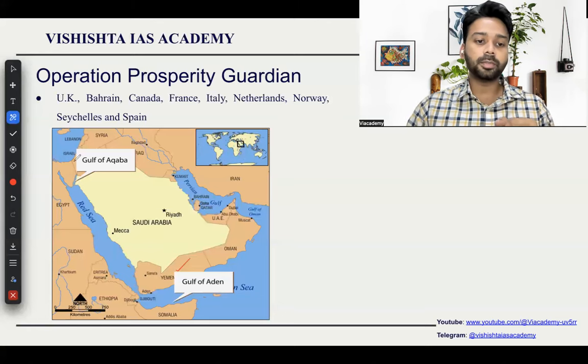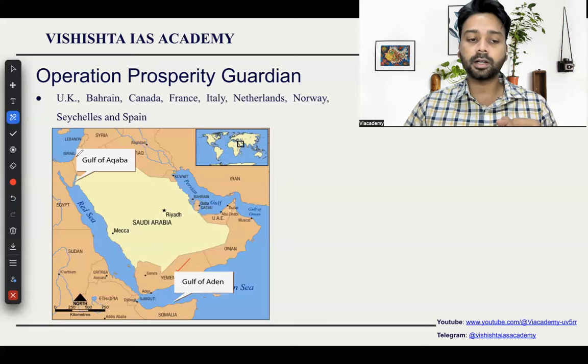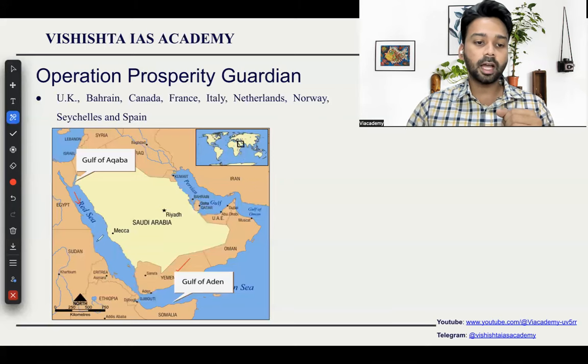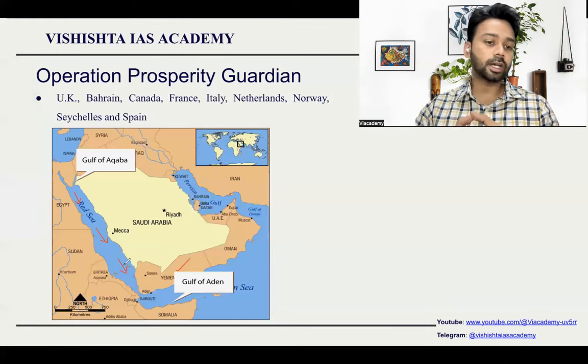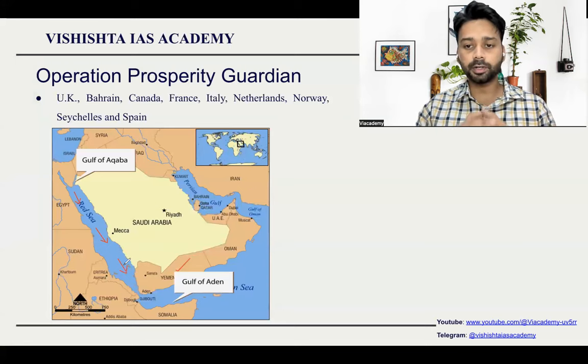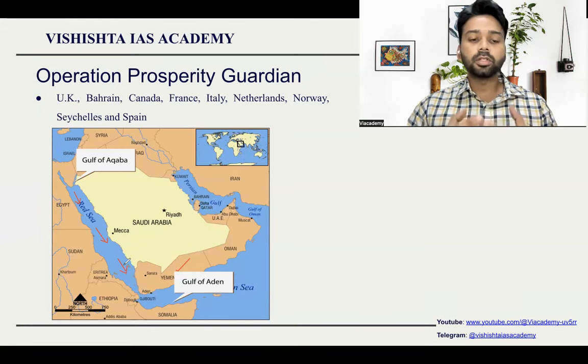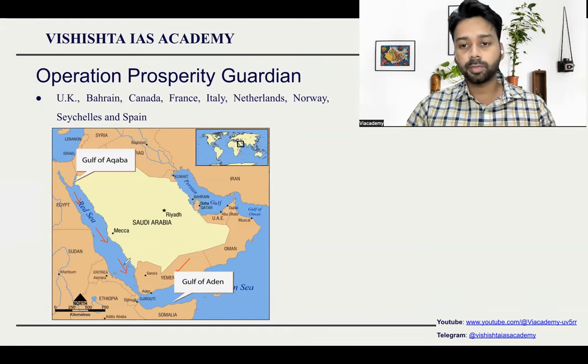At present, because Israel has invaded Gaza, Israeli trade ships which cross through the Red Sea have been coming under threat from the Houthis. If you have been following the news, you know that recently a trade ship has been captured by the Houthi rebels. So this is the major problem at present.